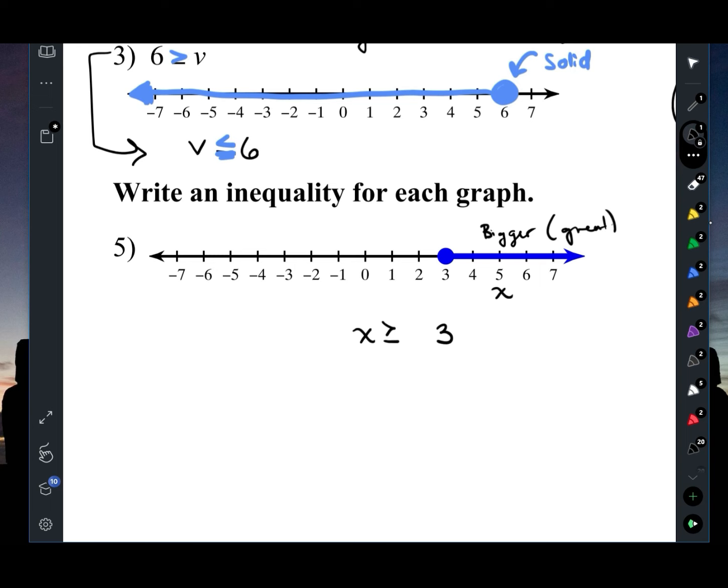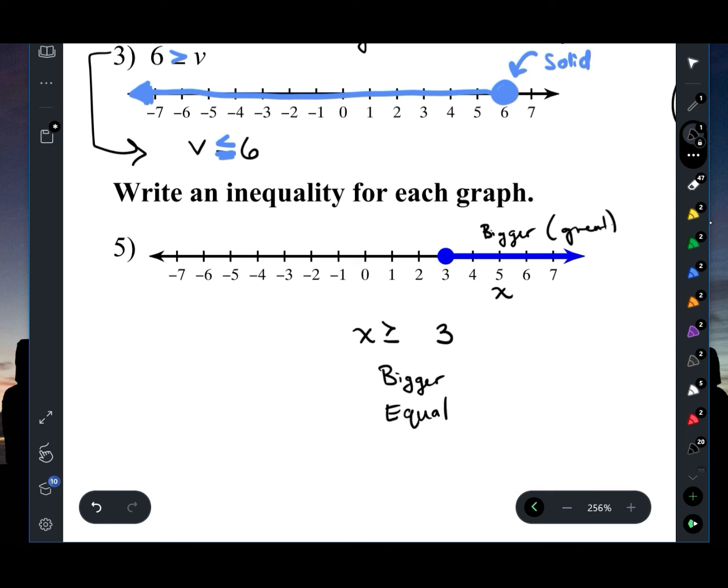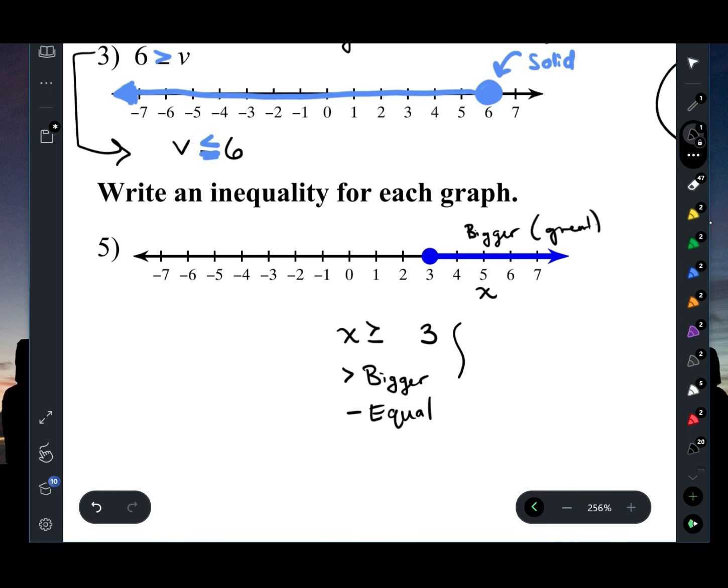So it's written a little backwards, but just think bigger, you're going to use greater than. And also equal to because of the solid circle. Similarly with the next one here. Now, again, you can also have rewritten this the other way around. 3 is less than or equal to x. It's the same thing, but you just have to be careful.